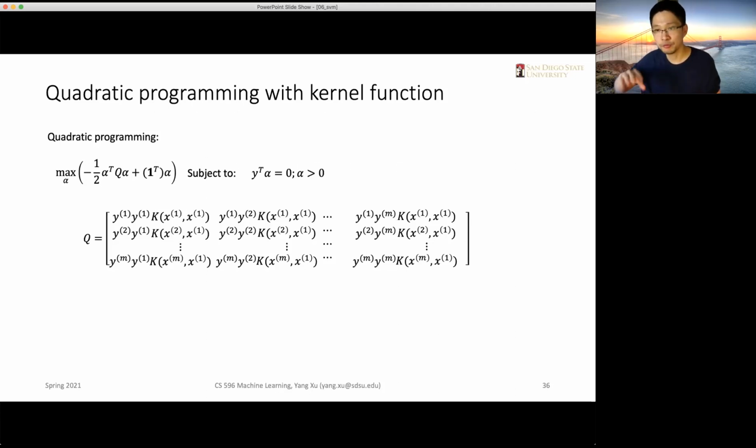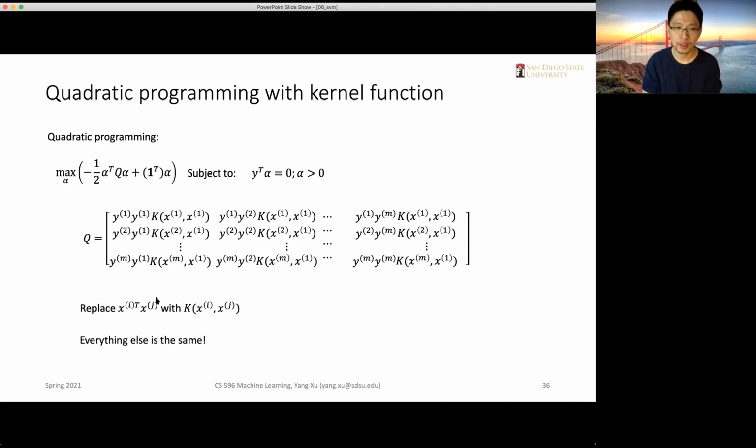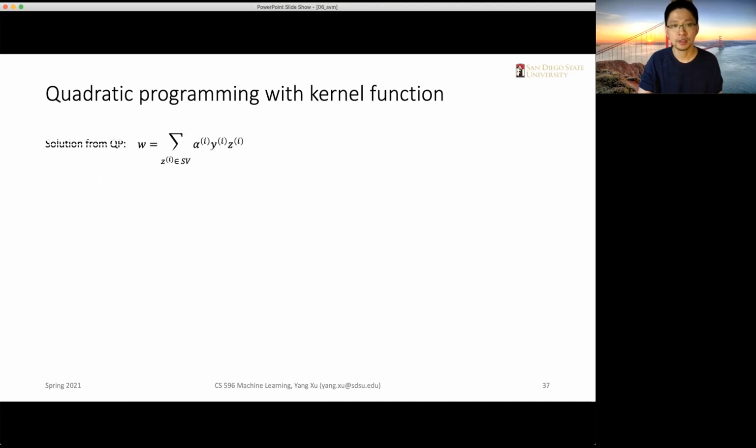But we don't need to know what the Z space is. We just need to apply some kernel method. With the kernel applied, everything else is the same. The only change is the coefficient matrix. Given the quadratic programming, we're able to get some results, which is alpha. The majority of alpha are 0, and only a handful are non-zero. So we can use these non-zero support vectors to compute W.